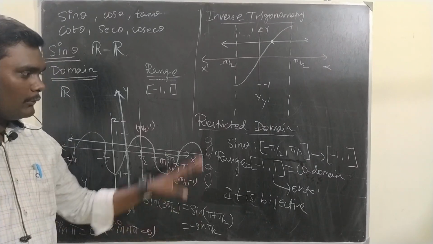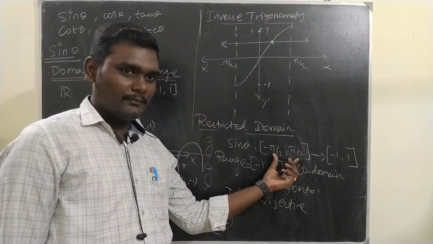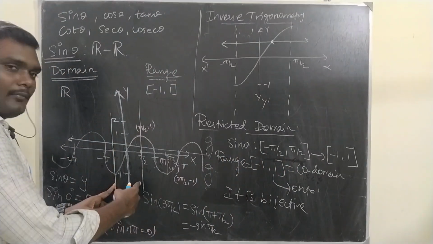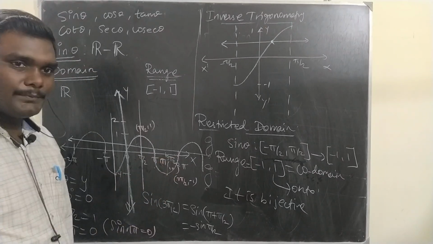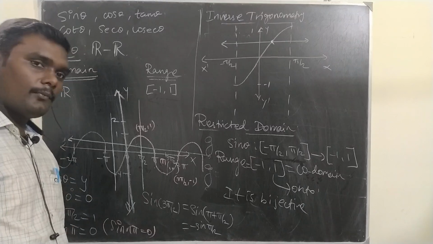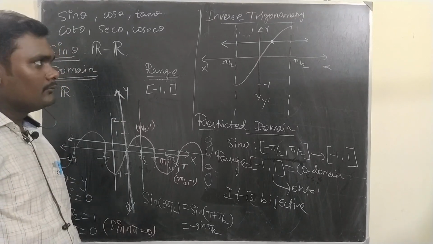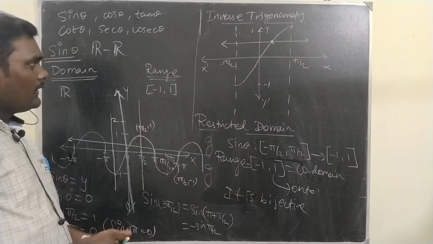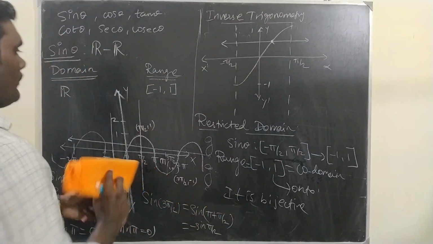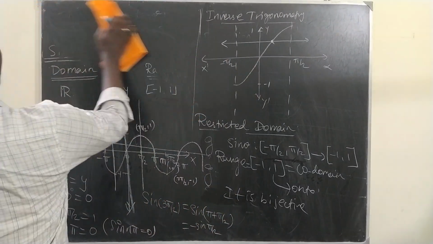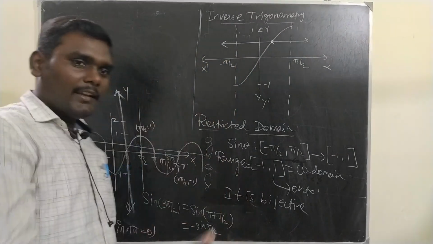Now my question is, is it possible to change this domain? Instead of taking this piece, is it possible to take the other piece, pi by 2 to 3 pi by 2? The only difference is that the domain alone changed. Is it still bijective or not?